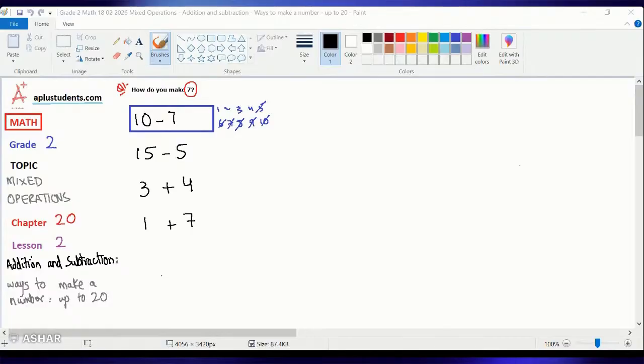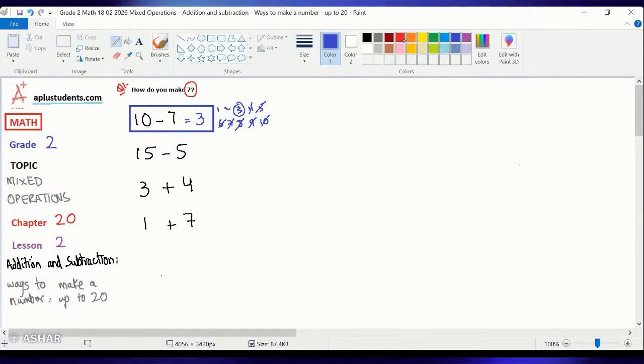The options given to us were: 10 minus 7 would always be equal to 3.